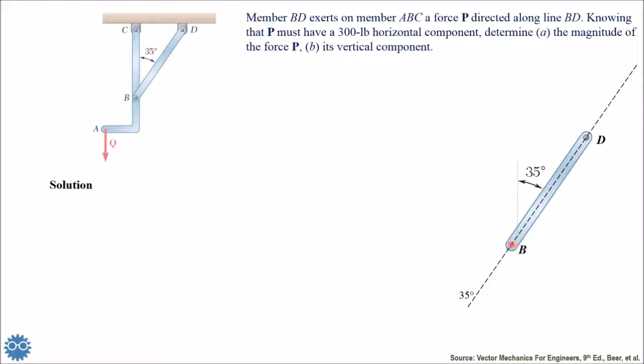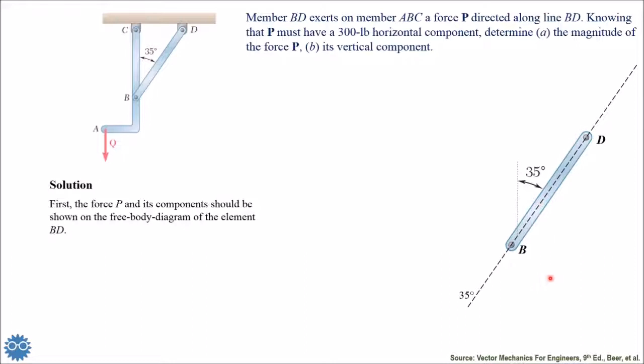You can take the free body diagram of point B alone, but actually the force is exerted along the member BD. So we can start by drawing the forces on the free body diagram. When we take a member and isolate it from the structure in order to see the individual forces upon its points, it's called the free body diagram, or FBD.